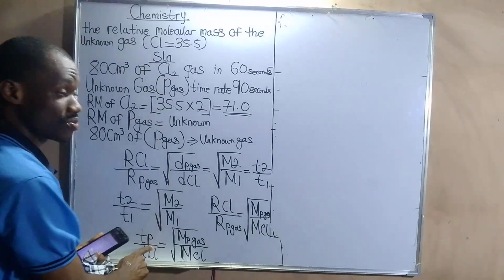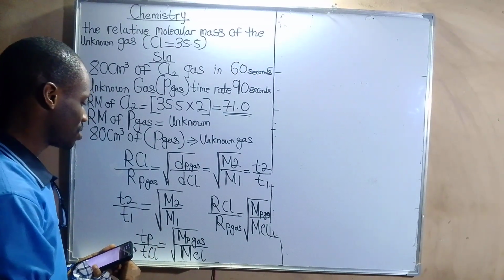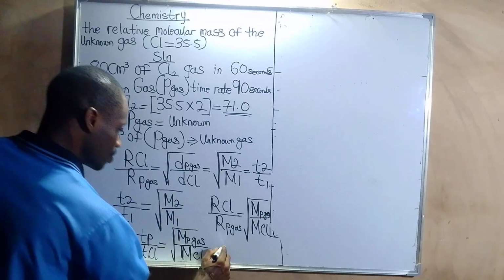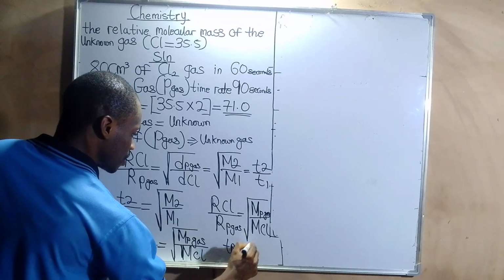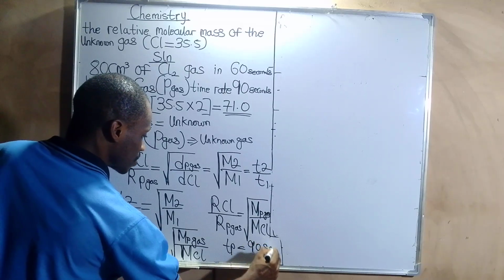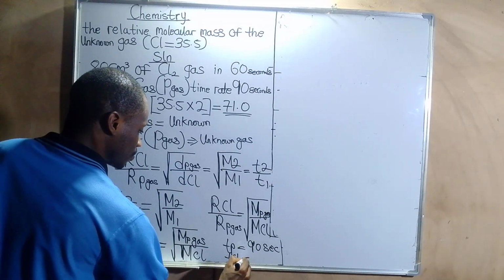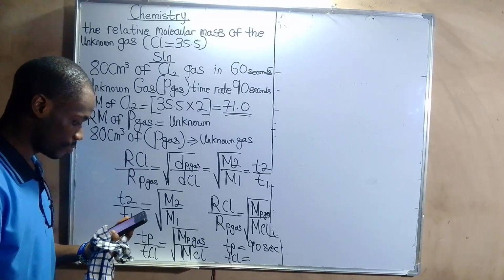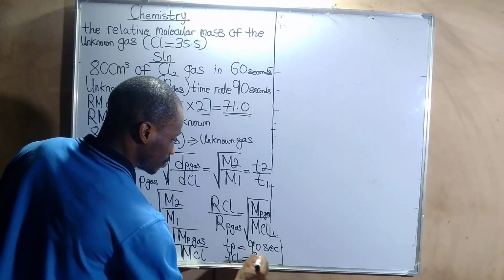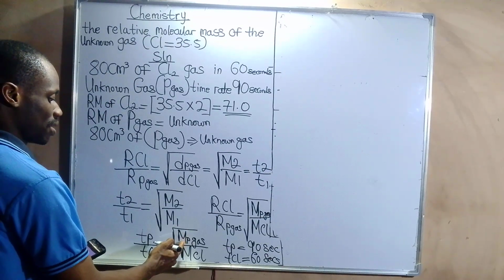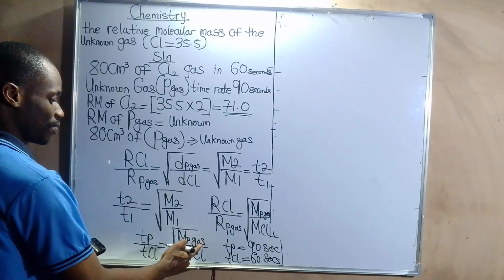So for P gas, the time is 90 seconds, then the time of chlorine should be 60 seconds. The molecular mass of the unknown gas is what we are looking for.